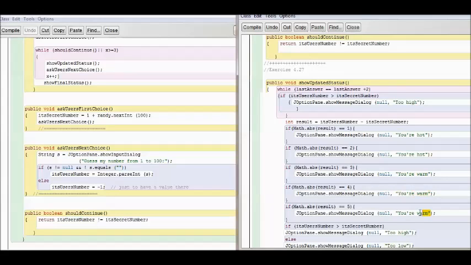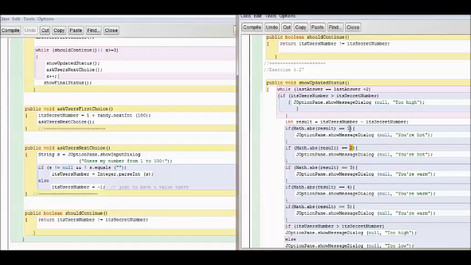So I put in the absolute value of the result, the result being how close you are to the secret number. I did it this way: absolute value. That means if it's a negative or positive 5, negative or positive 4, negative or positive 3, negative or positive 2, negative or positive 1, right?